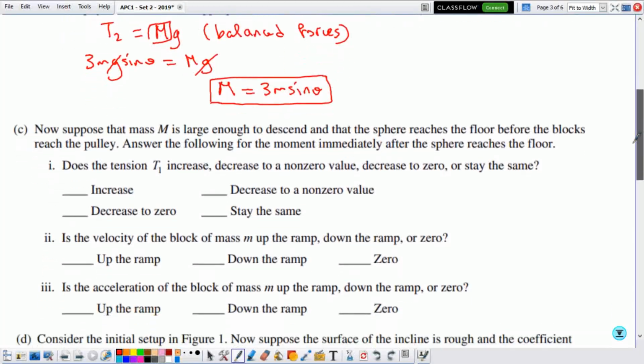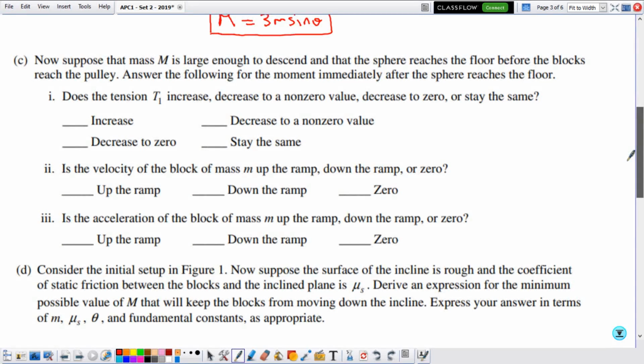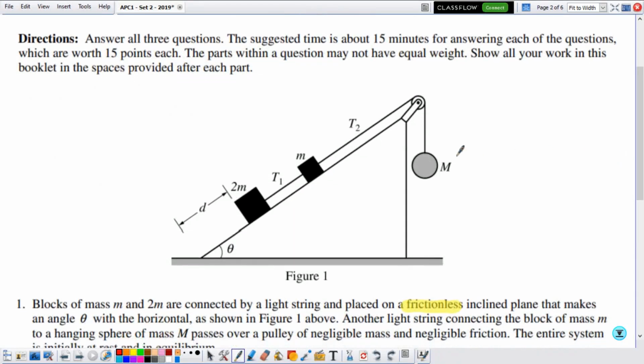Now, as a part of the free response paper, we expect that there might be some questions that are conceptual regarding argumentations or variations. We need to pay attention whether justification is required or not. If it's not required, then we'll just choose the correct or the most convenient choice. Idea C. Now suppose that the capital M is large enough to descend and that the sphere reaches the floor before the blocks reach the pulley. So what's happening here is that suppose the mass of M is large enough, then the system will move down.